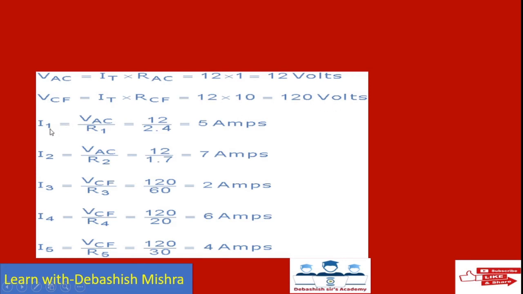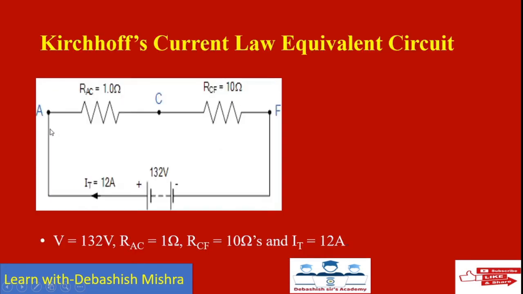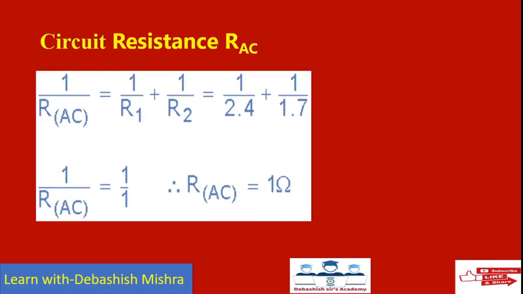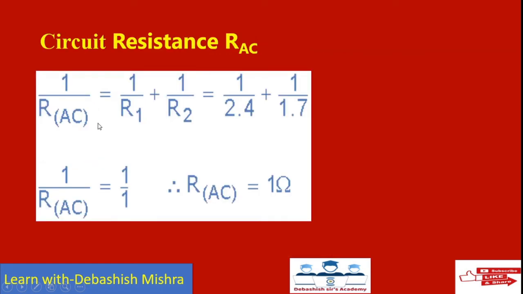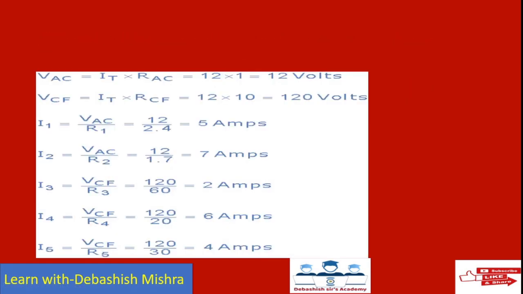For finding I1, this is I1, VAC divided by R1, you will get 12 by 2.4, it is 5 ampere. For finding I2, you will get VAC by R2, 12 by 1.7, it is 7 ampere.